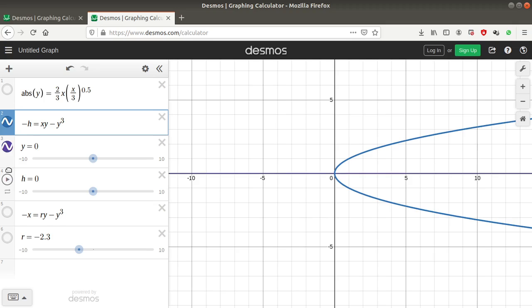So if I keep my h value at 0, this is the bifurcation diagram I will get, and you can see that it is a pitchfork bifurcation.